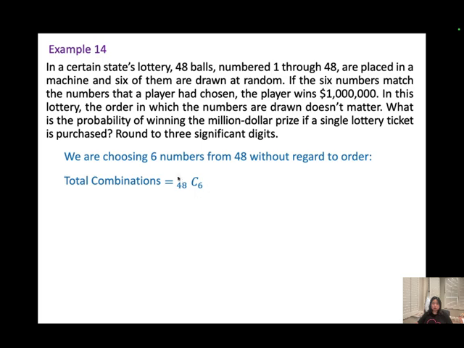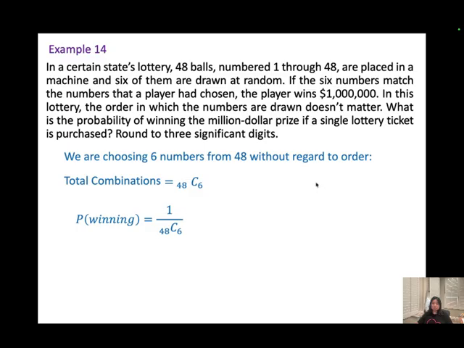That will be the total outcome. And think about it, we only have one set of numbers that matches for the lottery. So the probability will be 1 over the total combination. Okay, this one is talking about they do have the 6 specific numbers, and you can only match it one way.